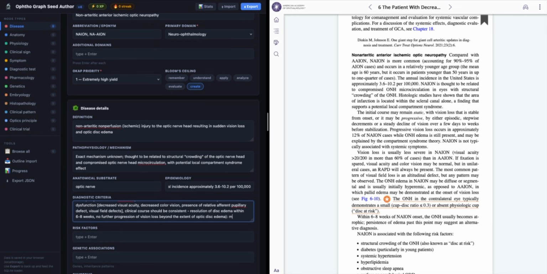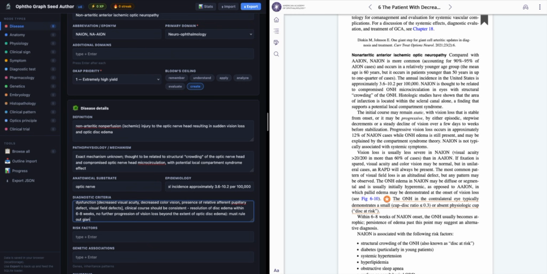So, must rule out giant cell arteritis and other forms of vasculitis, from lab studies such as ESR, CRP, platelets, to temporal artery biopsy.